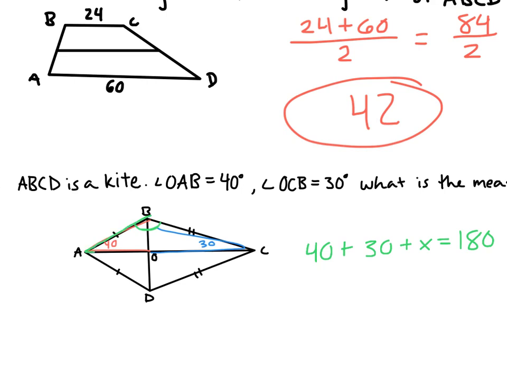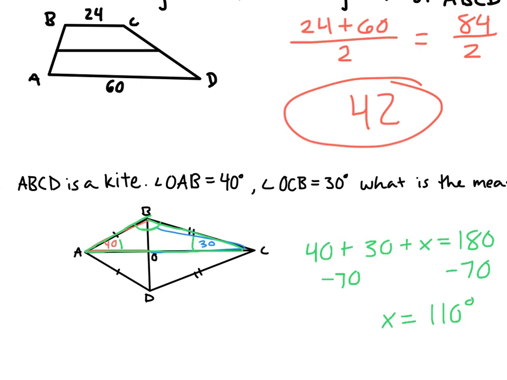So we see that this is one big triangle up here. We have two of the angles of the triangle, 40 and 30, so we just need to find the third one. 40 plus 30 plus x is going to be equal to 180, because a triangle equals 180. So we have 70. We subtract 70 on both sides, and we get x is equal to what? 110. Perfect.